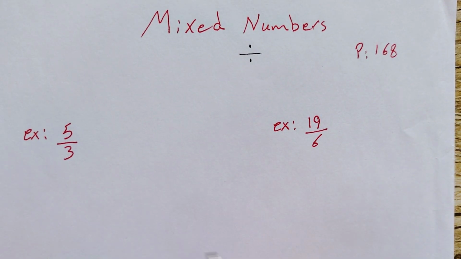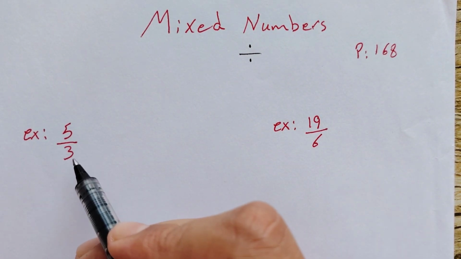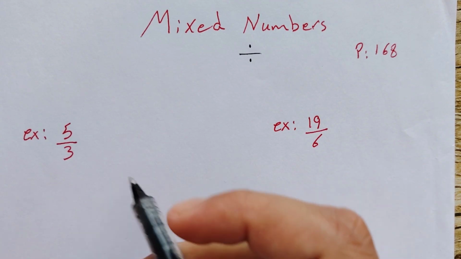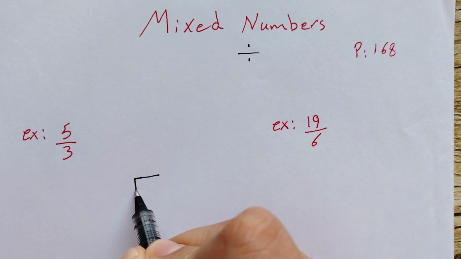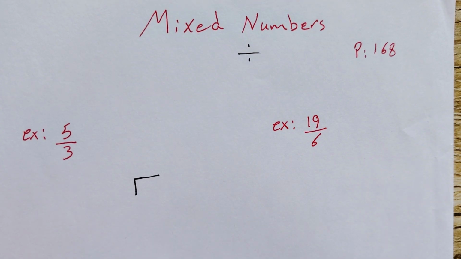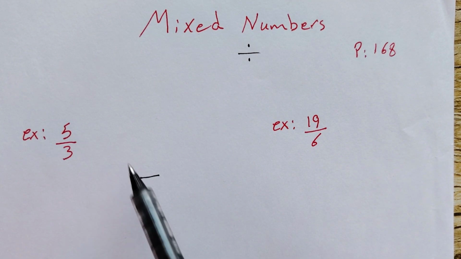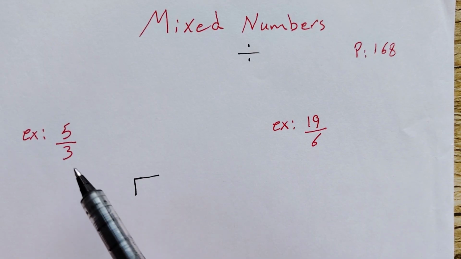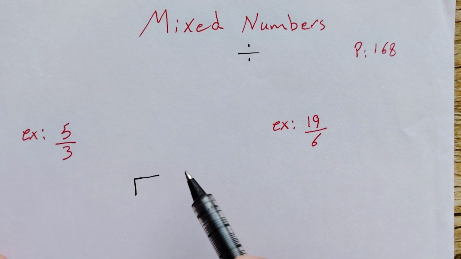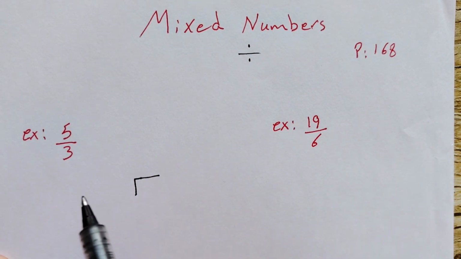Okay, so I'm gonna write this fraction as a long division. Now, in order to know where the numerator goes, is it the dividend or the divisor, and where the denominator goes, we have a way to find out.